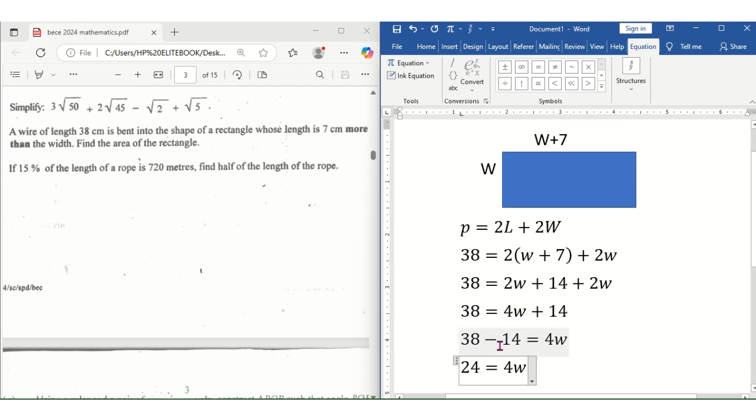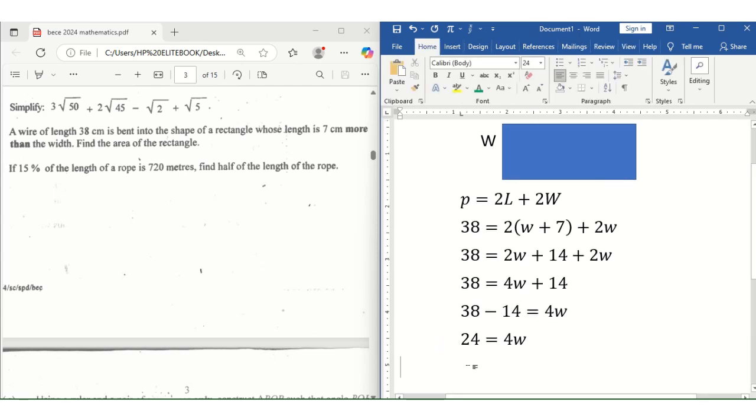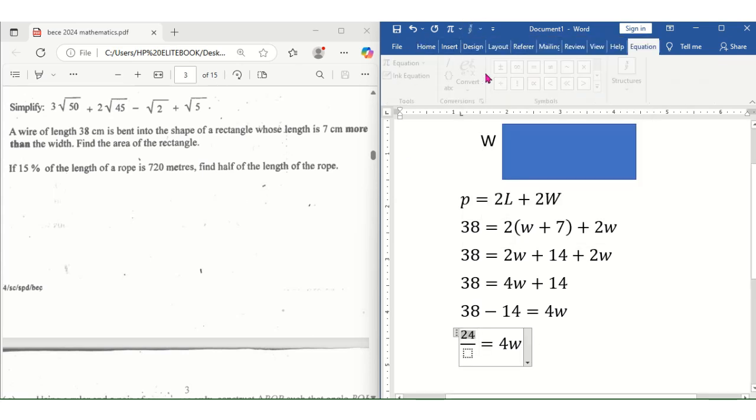And then our next step, we are going to divide both sides by 4 so that we'll get our w, because we are not looking for 4w, we are looking for w, or the width. So when we divide both sides by 4, we'll get the answer for w. So 24 divided by 4, then this 4w also divided by 4.